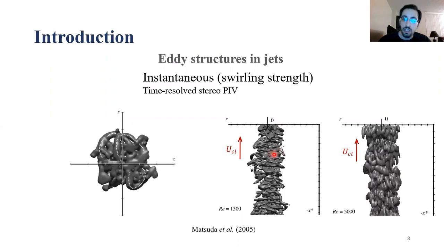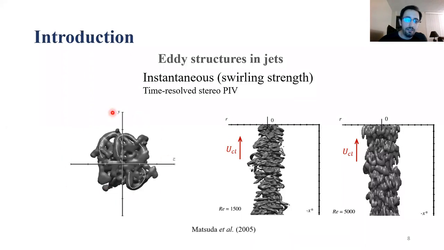Here we're looking at two Reynolds numbers. These are instantaneous flow fields. One is at a Reynolds number of 1500, the other 5000. In both of them, we can clearly see these C-shaped eddy structures. By the way, the flow direction is shown by the arrow.